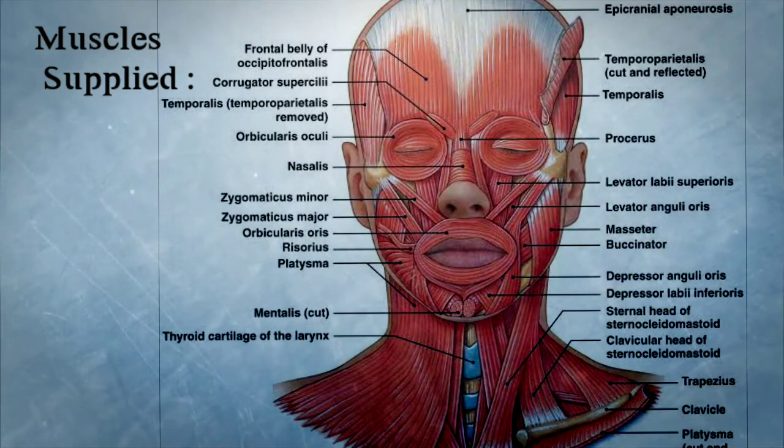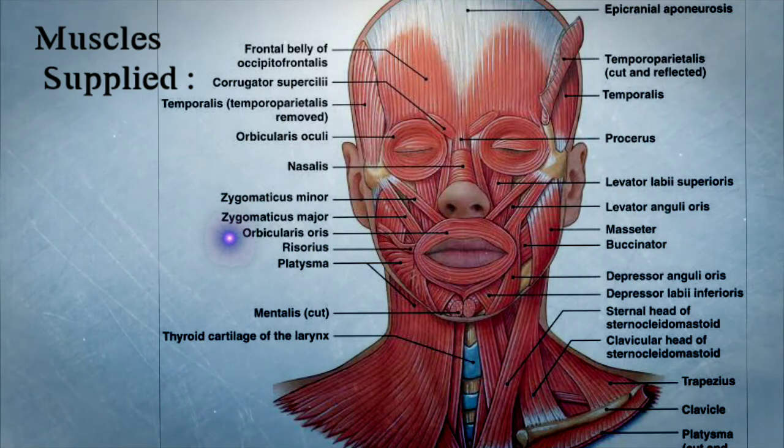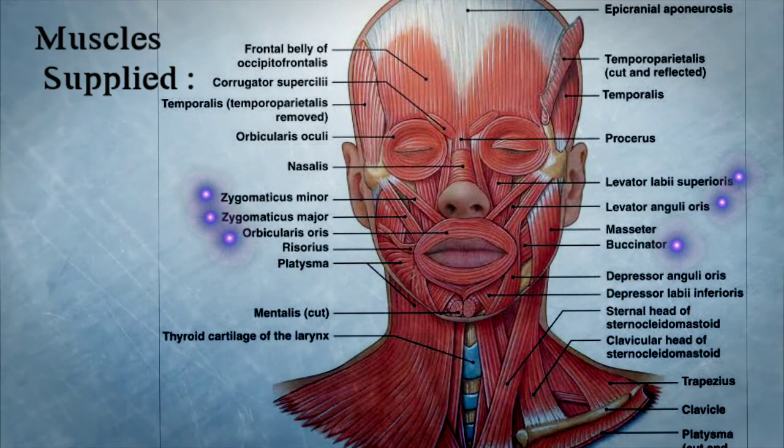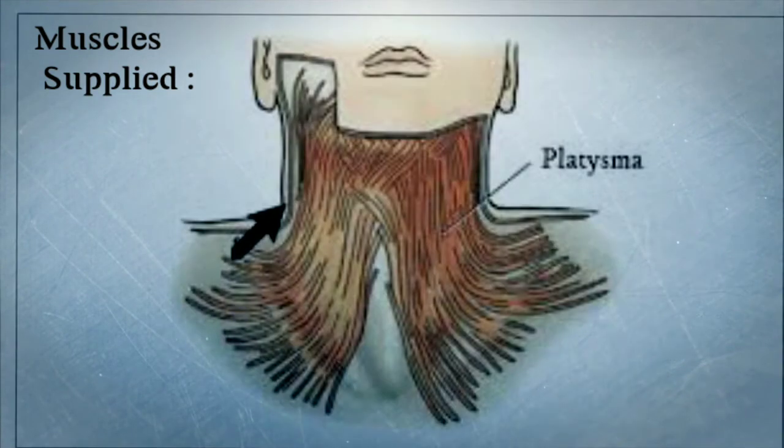So the muscles supplied are orbicularis oris, buccinator, zygomaticus major, levator labii superioris, levator anguli oris, zygomaticus minor, depressor anguli oris, depressor labii inferioris, mentalis and risorius. And the fourth, muscles of neck which are supplied are platysma.